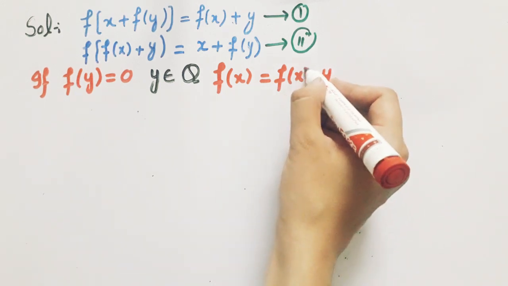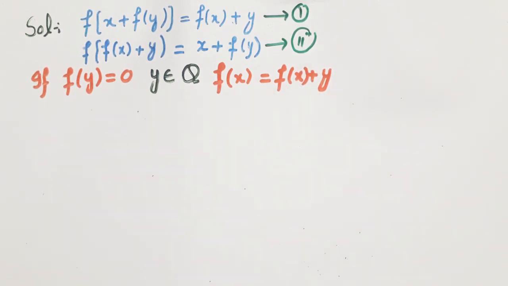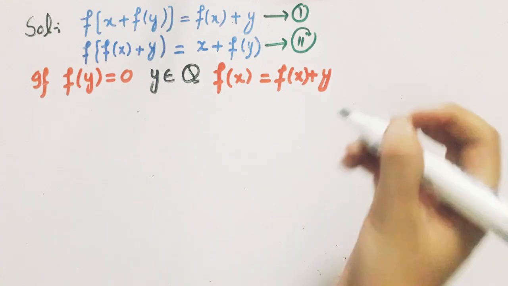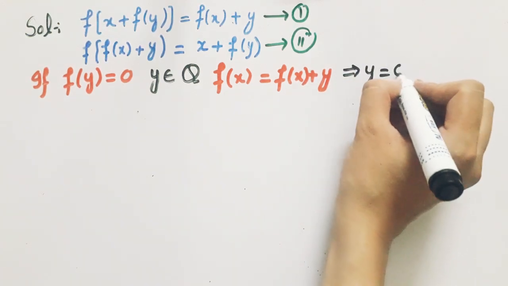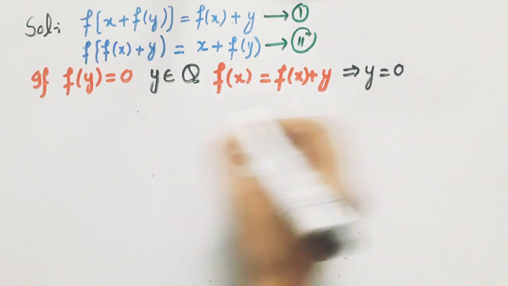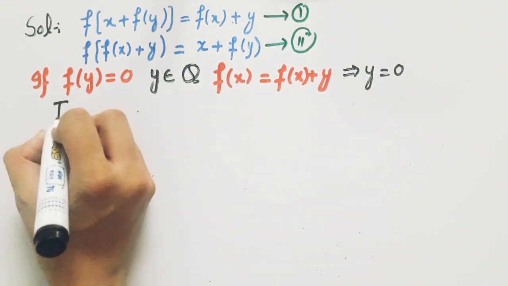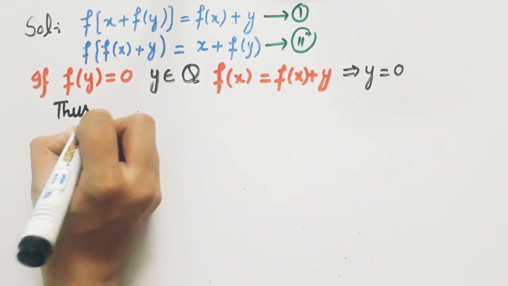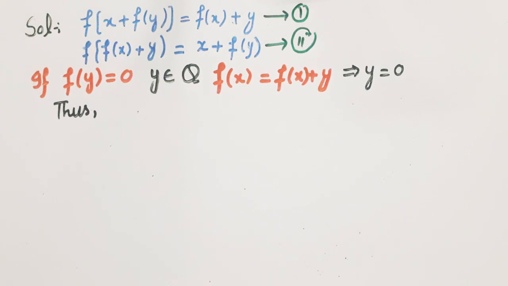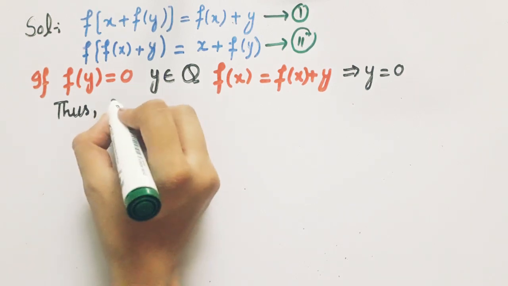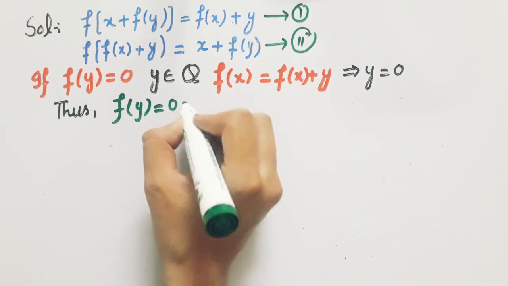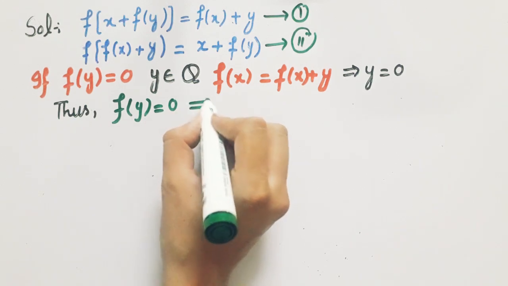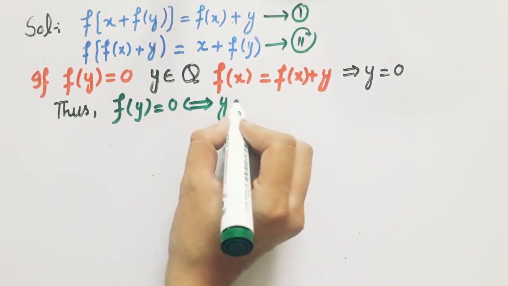This implies that y = 0. So we get that f(y) = 0 implies y = 0.